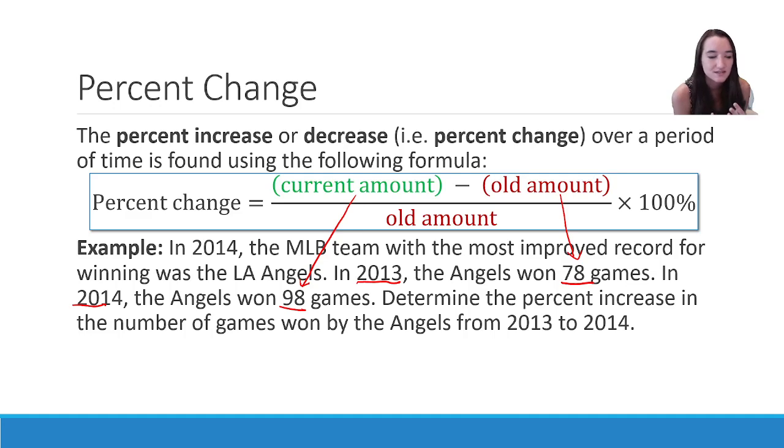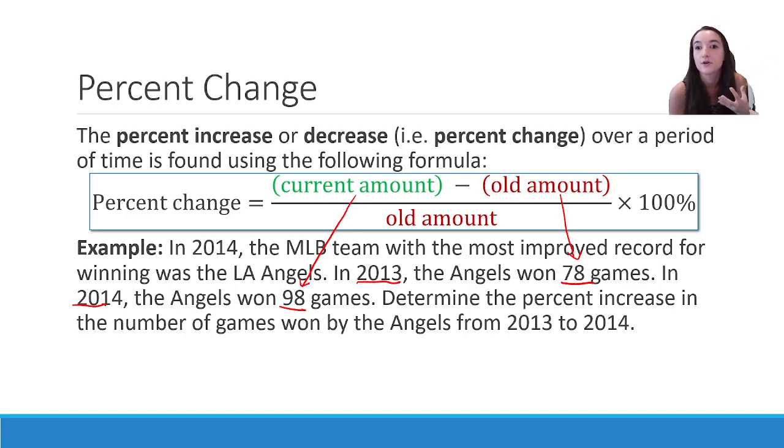The point is it's like the reference amount versus the amount that we want to compare with. There isn't a good word for this, but I'm going to go with current and old, because a lot of these problems have to do with time, and so current and old give us a good idea. Okay, so our old amount is the one that happened previously, so that's 78.